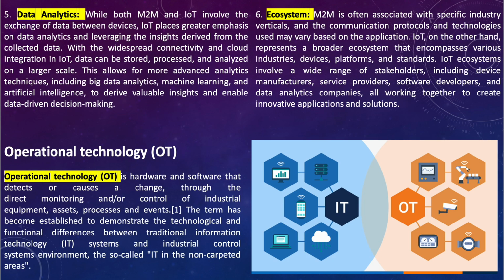Additionally, we will step off the syllabus topics and learn about operational technology as well, because operational technology is a word like M2M, OT is a word like M2M, where IoT is being used.